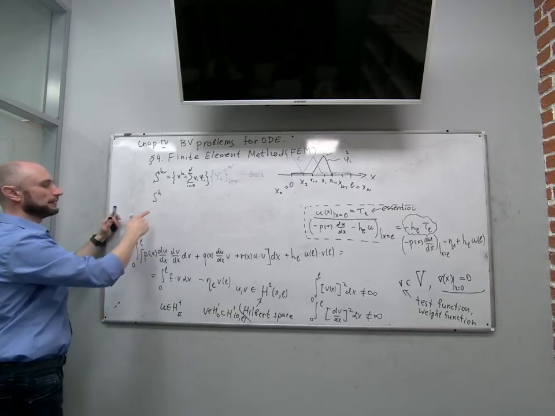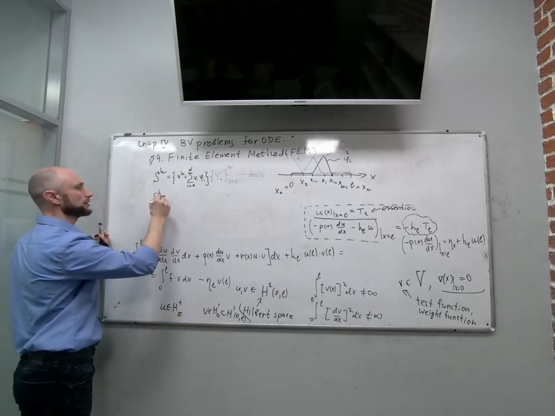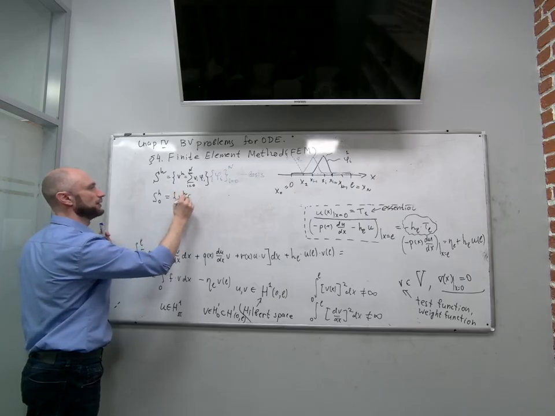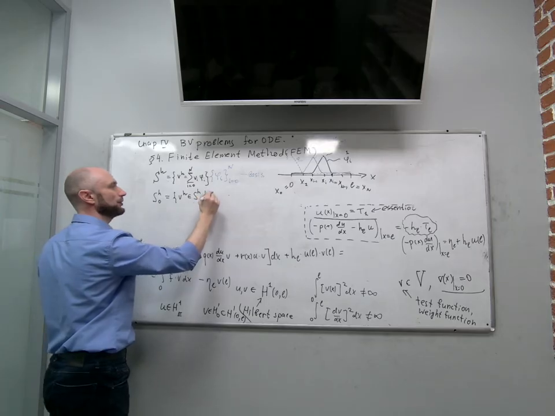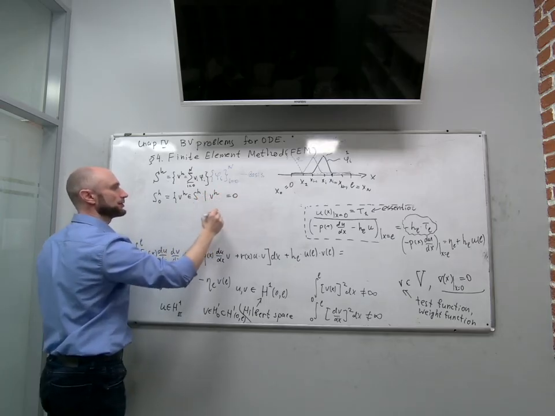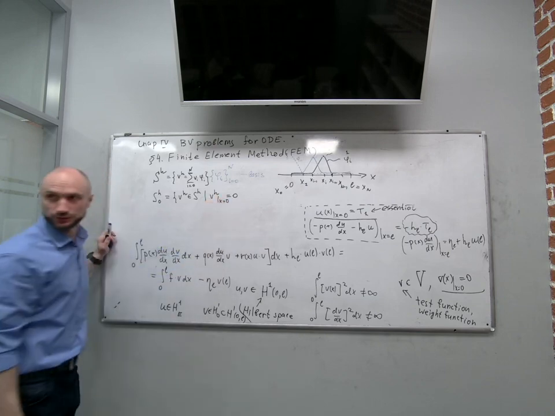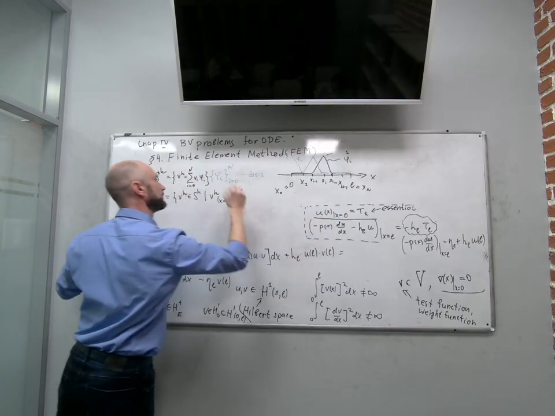And as an analogy to this notation, I will define also the set of functions v_h that belong to S_h and also satisfy the zero condition at which point? At point x equals 0, where I have this essential boundary condition.